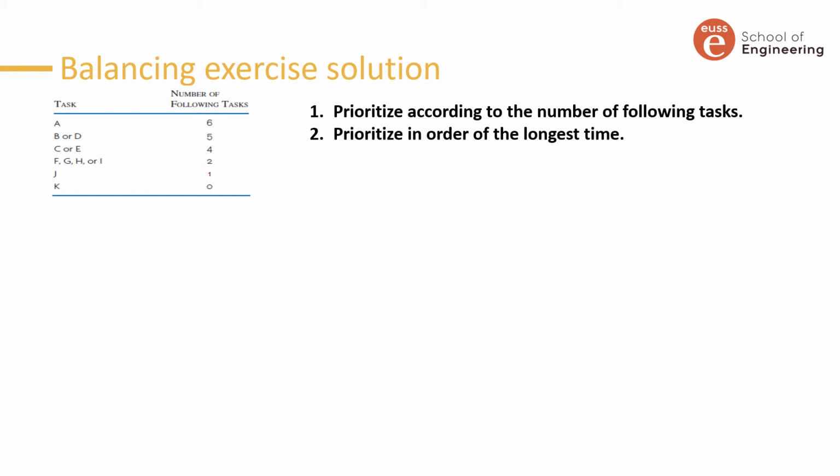Because as you see, for example, task A has 6 following tasks, while tasks B and D have 5 following tasks, and the rest are C, E, F, G, H, I, J, and K. So as you see, for example, here, guys, because B and D both have 5 following tasks, for sure a tie happens here, okay? And we need to select based on the secondary rule. Okay, let's continue.